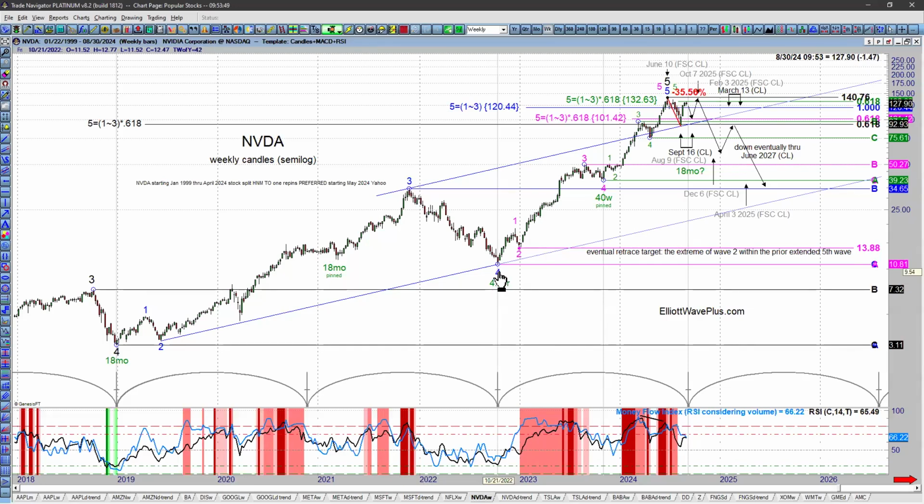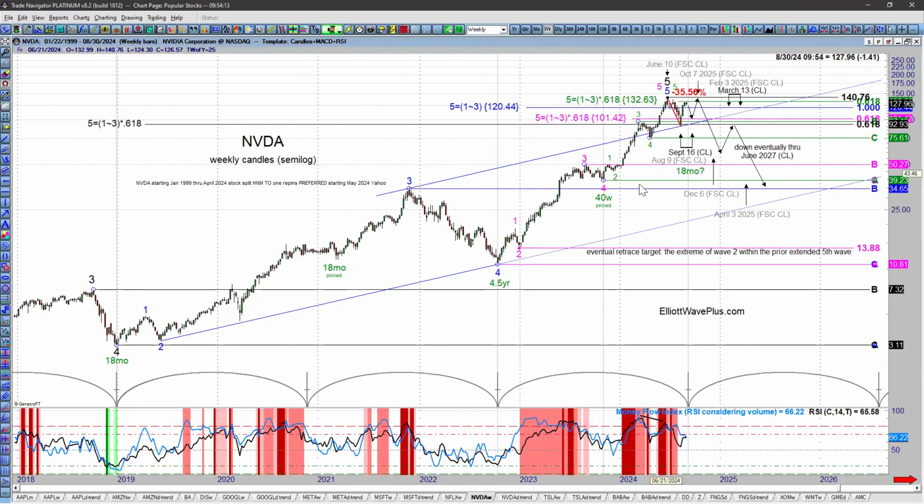Then a wave 4, and then an extended wave 5. So pink 1, pink 2, pink 3, pink 4, pink 5, and then within the fifth wave up 1, 2, 3, 4, 5.